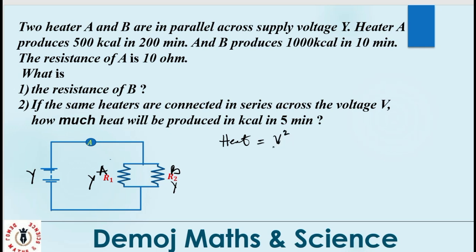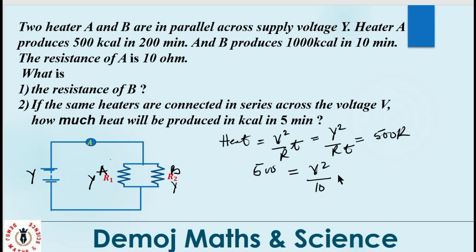V squared over R times T, where my V squared, we've already been told, is the same as V squared, so I'll write it as V squared over R times T. Now for the first heating element A, we've been told that it has 500 kilocal, so 500 will be the same thing as V squared over R, where R in this instance is 10 ohms, times T, which is 200 minutes times 60 seconds.